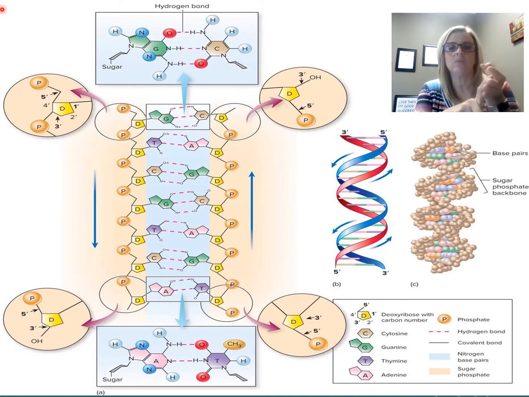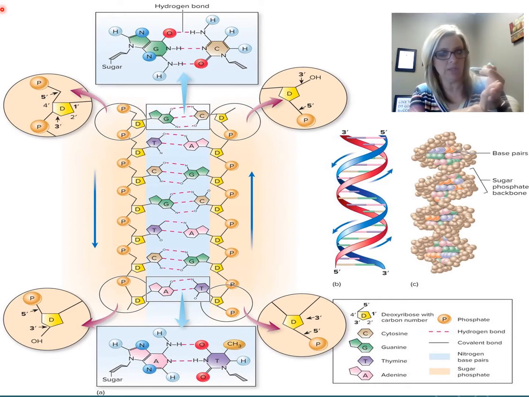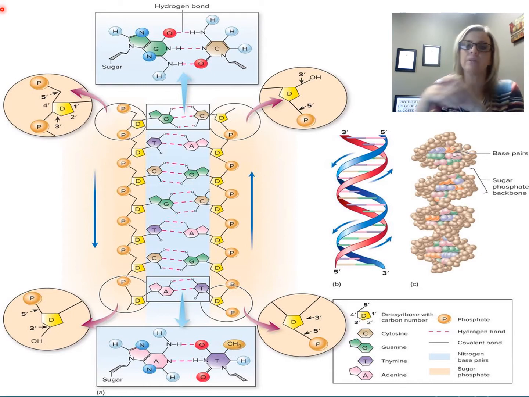And guanine will always bond with cytosine, A's with T's, C's with G's. So that is the pattern, and you can see that pattern here. We've got G bonded to C, T bonded to A, C bonded to G. That is always how they bond. It's a specific code, and that's called complementary base pairing, or Chargaff's rules.